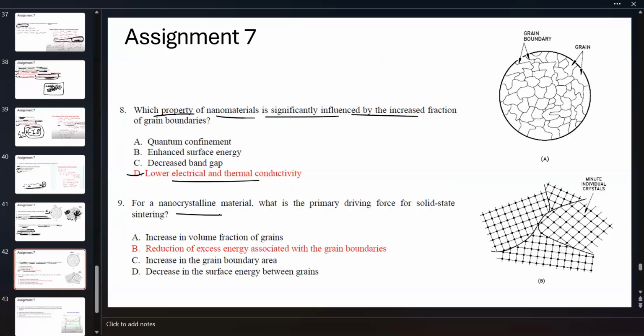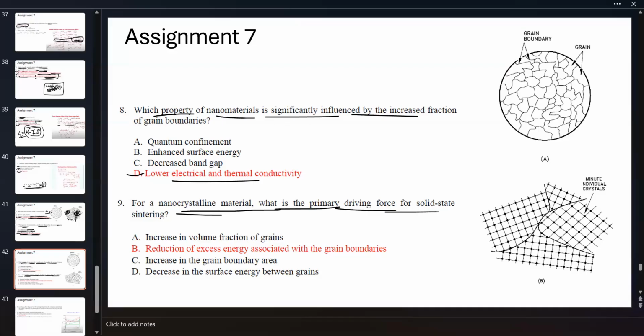For nanocrystalline material, what is the primary driving force for solid state sintering? As the nanoparticle center, one grain grows and the other grain decreases.